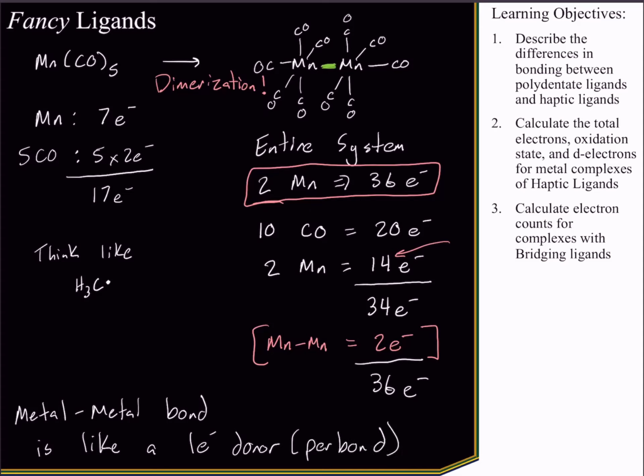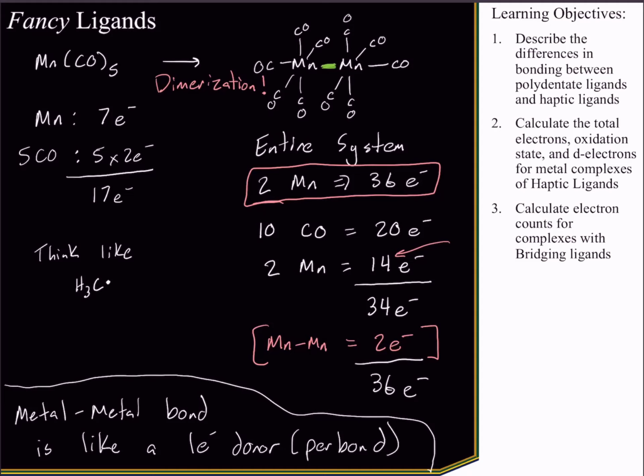So if we have a metal-metal double bond, it acts like a 2 electron donor. If we have a metal-metal triple bond, it acts like a 3 electron donor. And so this is another way you can approach this. Sorry for my janky line there. But we can think of a metal-metal bond as being a 1 electron donor in our systems here.